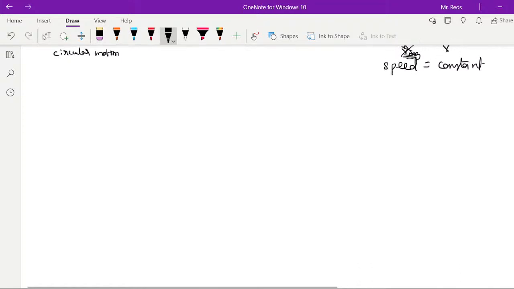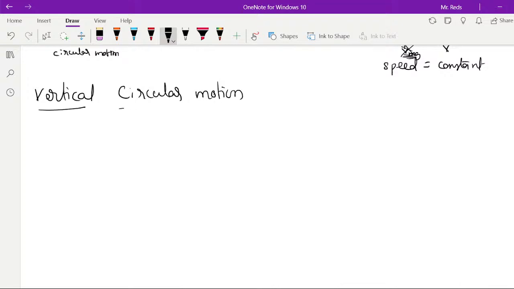Let us consider vertical circular motion. It means a particle or a body is undergoing circular motion in a vertical plane. Say in front of you there is a wall, the classroom wall.